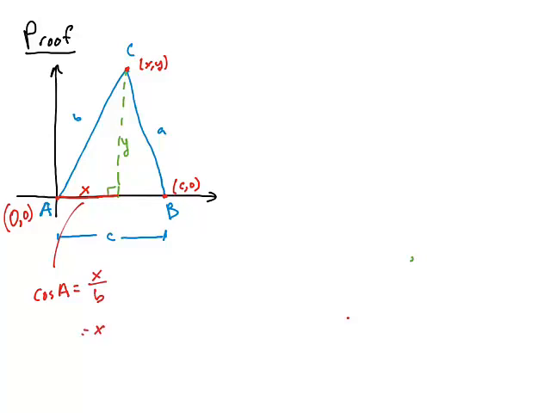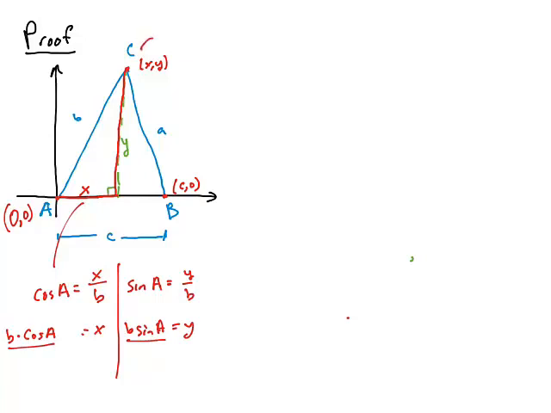So x is going to equal cosine of A times b, so b cosine A. And then to find this height y in the right triangle, sine of angle A is equal to y over b, so b sine A is equal to y. So these two coordinates are what we're going to use for angle C.